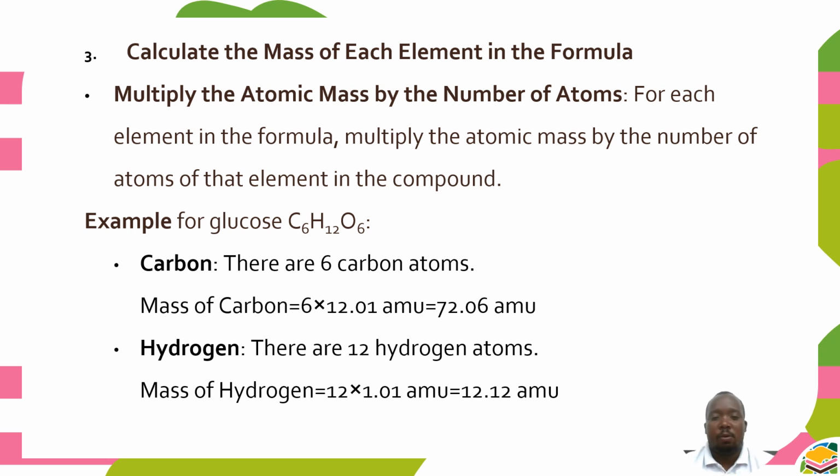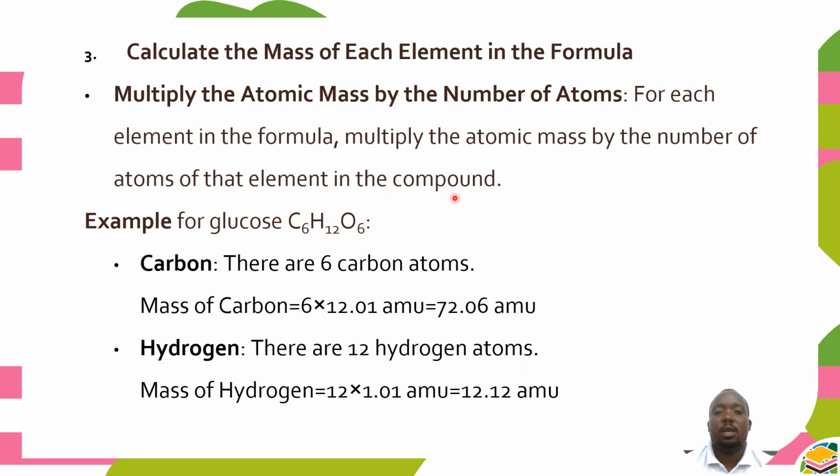So for example, here we have 6 carbons. Remember, the subscripts always represent the number of atoms. For hydrogen, we have 12 hydrogen atoms. For oxygen, 6 oxygen atoms. So indeed, there are 6 carbon atoms and 12 hydrogen atoms.